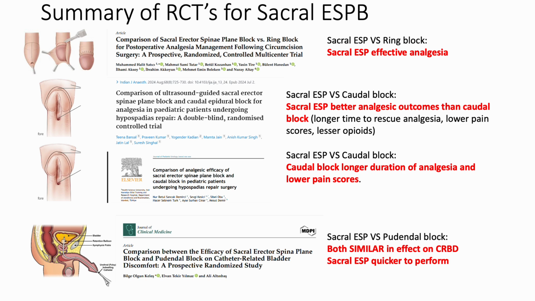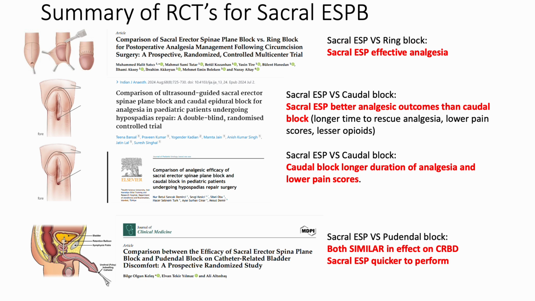In patients who underwent hypospadias surgery, when sacral ESP was compared with a caudal block, sacral ESP provided better analgesic outcomes than caudal block. The time to first rescue analgesia was longer. The patients experienced lower pain scores and used lesser amount of opiates.